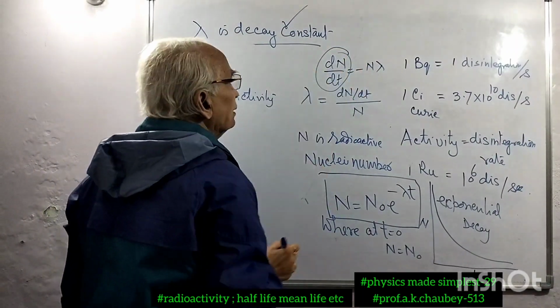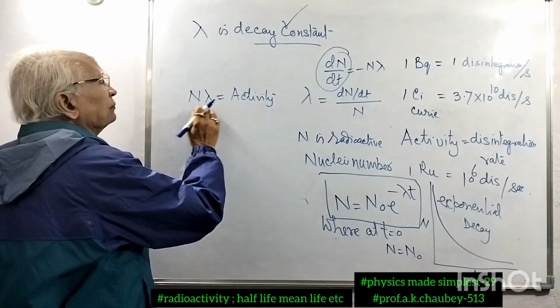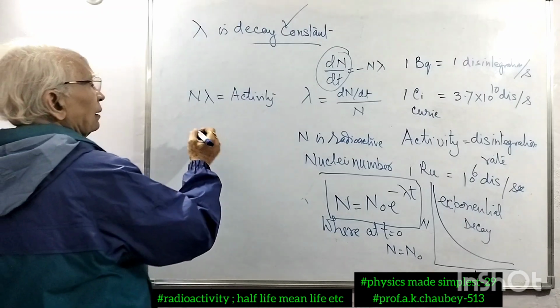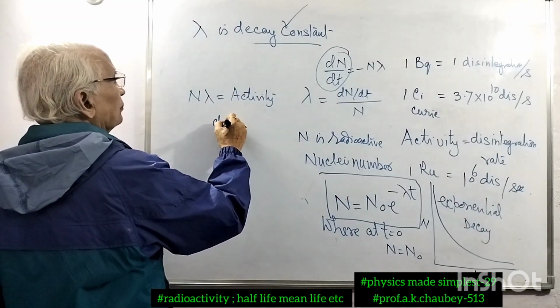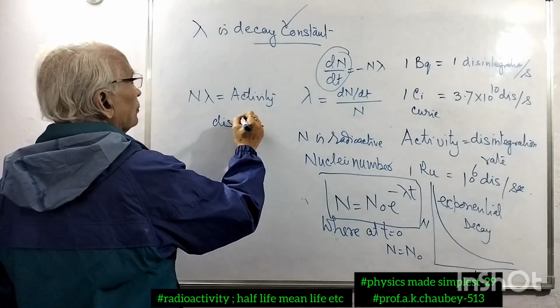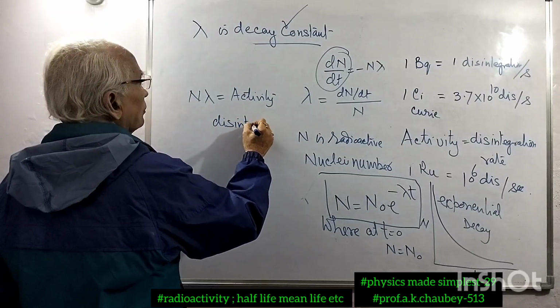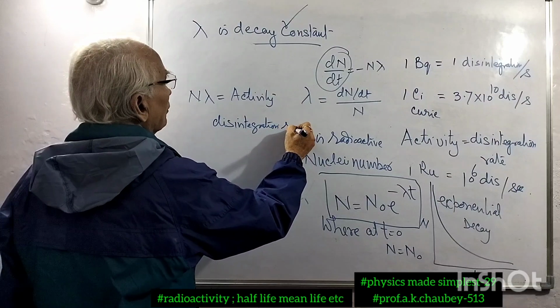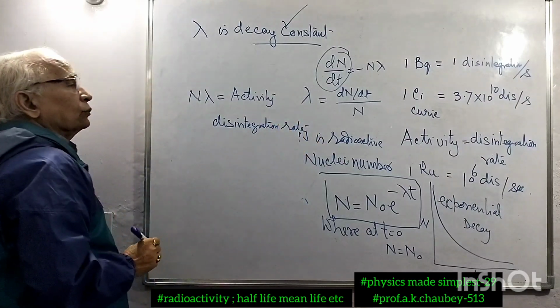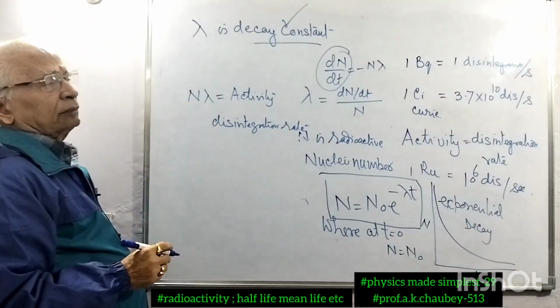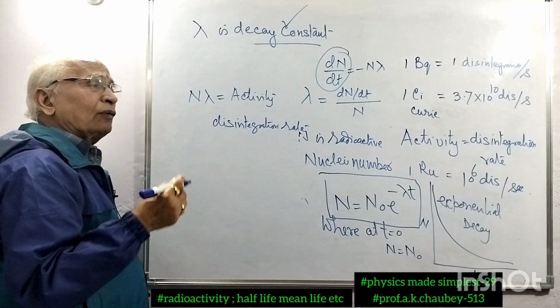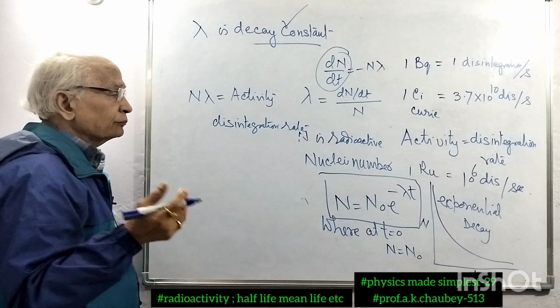This is activity, disintegration rate. So activity is given by N lambda. Lambda is the decay constant, and N is the number of radioactive nuclei at any time.